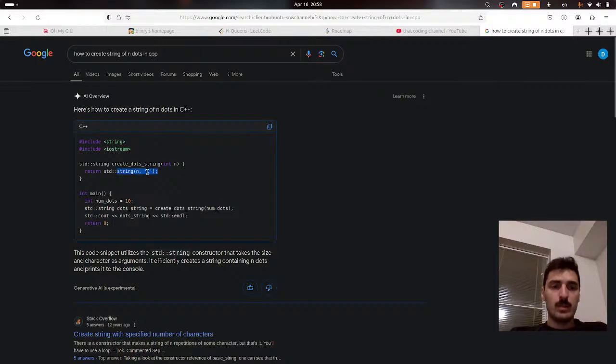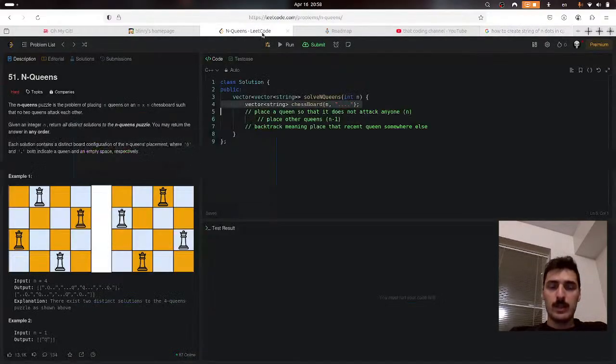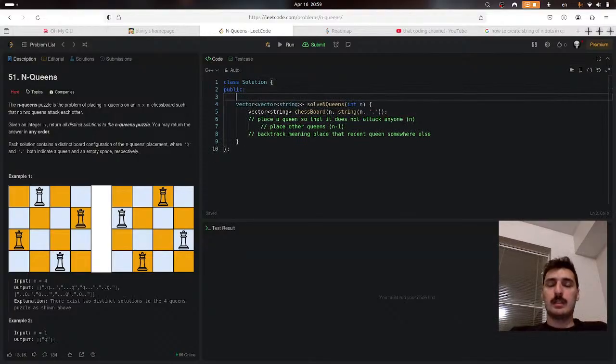All right, this is an interesting thing. This will work, right? Can the result be outside of this scope? I think yes.